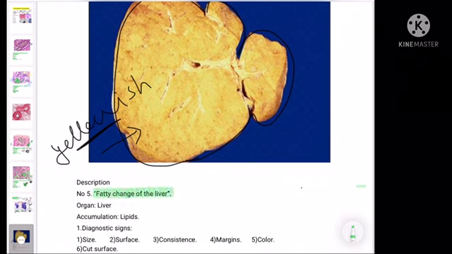The organ is the liver. The accumulation is lipid. Because of accumulation of lipid, the size of the liver increases. The surface becomes smooth. Consistency is soft. Margins are clear, and the color will be yellowish.